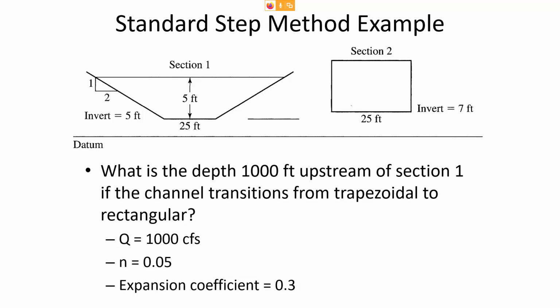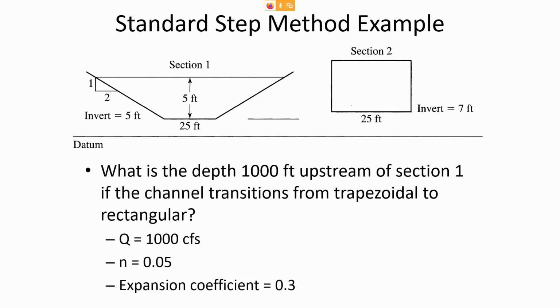This is how we are going to apply that method. We're going to deal with the case where downstream we have a trapezoidal channel, and upstream the channel is rectangular.